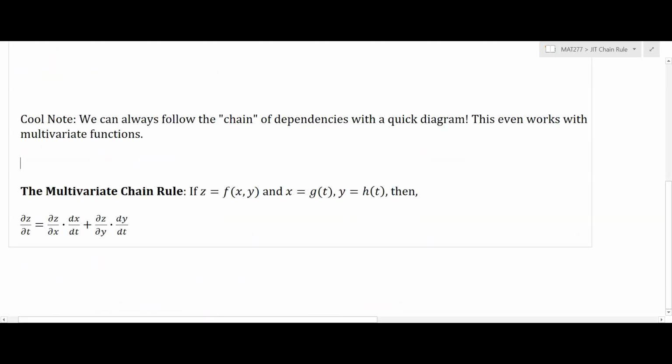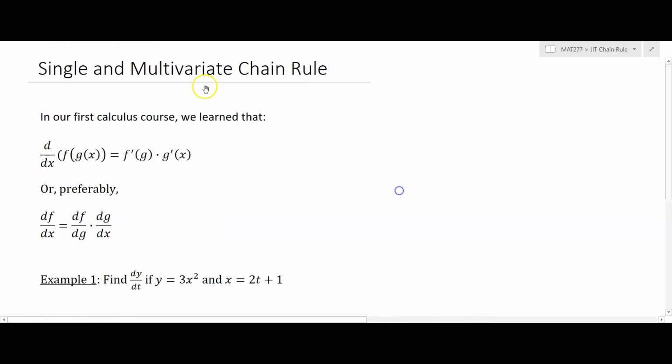So it's not unheard of that we might have seen something where we need to take the derivative of, let's say, something like (3x + 2) squared. The way we would do that is we would think about this as u squared, where u is equal to 3x + 2.